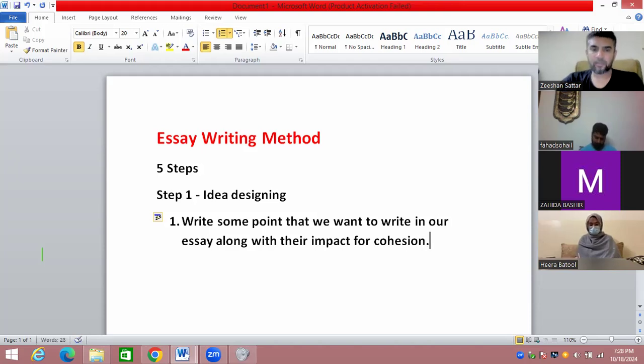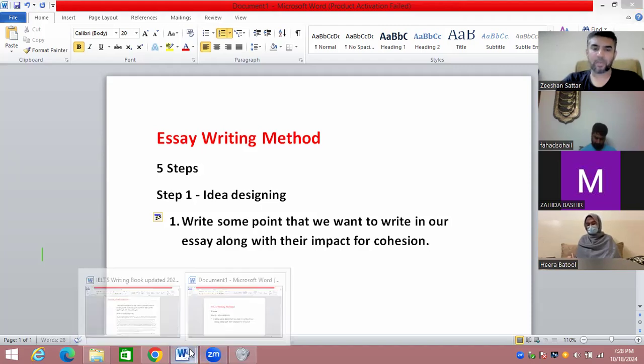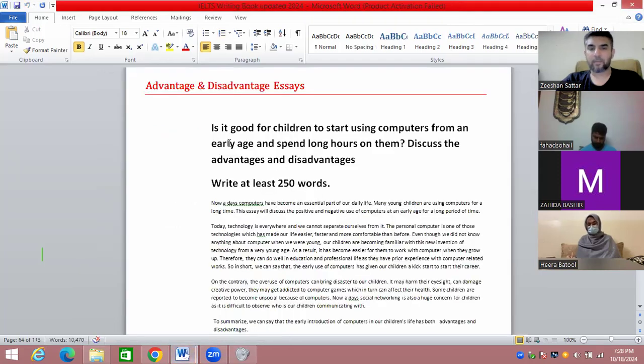For example, what do we mean by this? Look at this essay. What does this essay say? This essay says, is it good for children to start using computers from an early age?